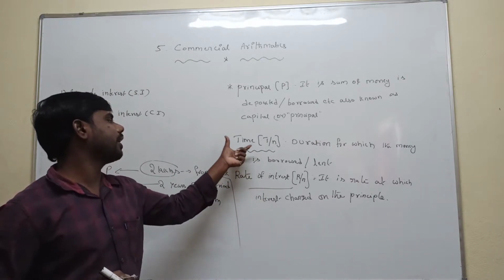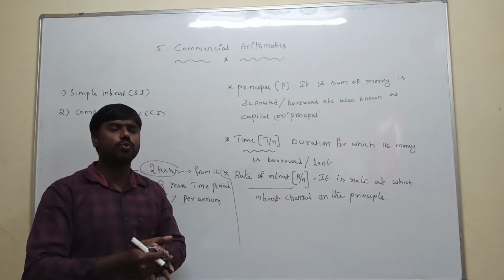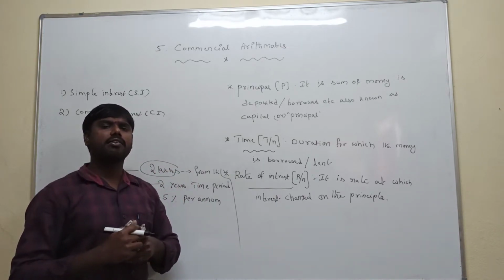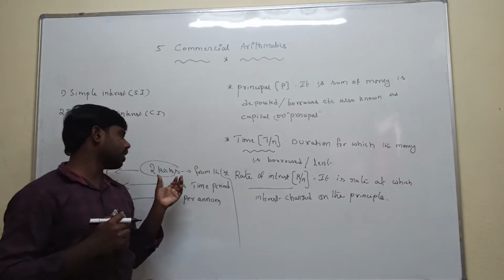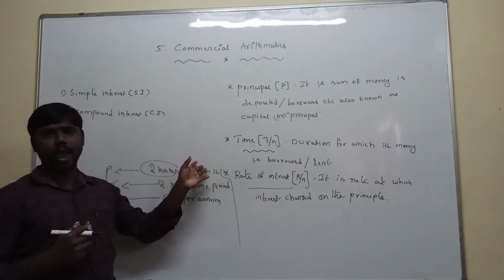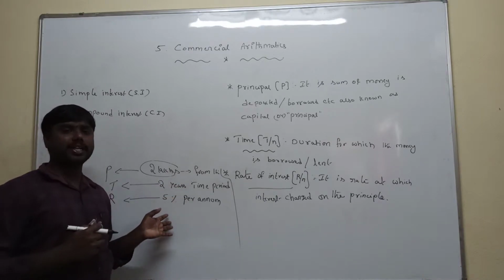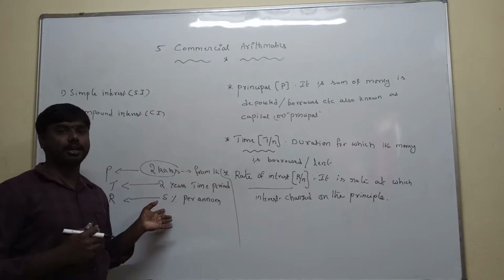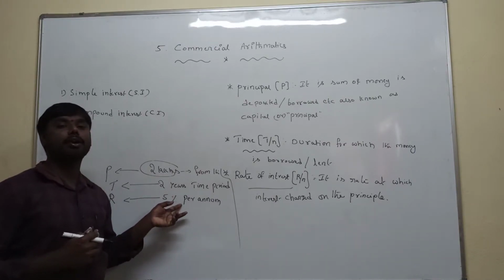Definitely some interest is given too. Suppose I take 2 lakhs, 3 lakhs, 4 lakhs or 5 lakhs from the bank, they give some time period and some percent interest per annum.